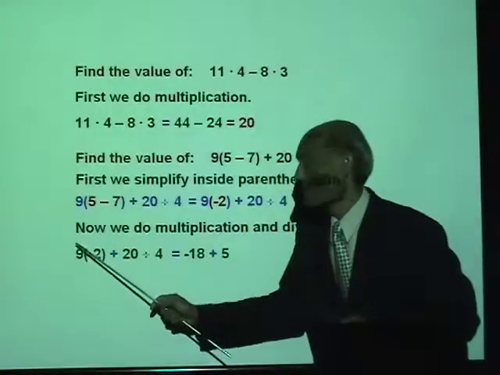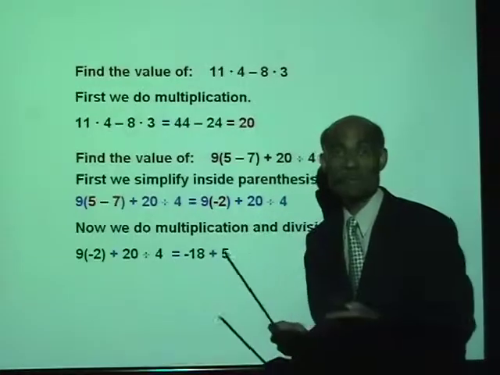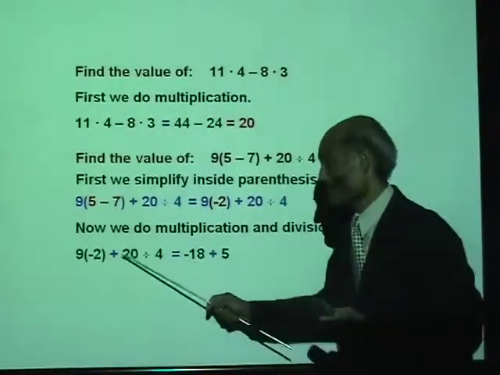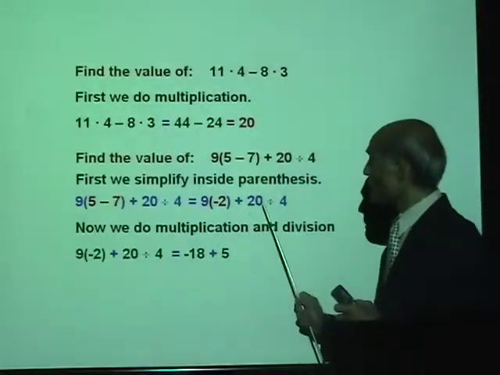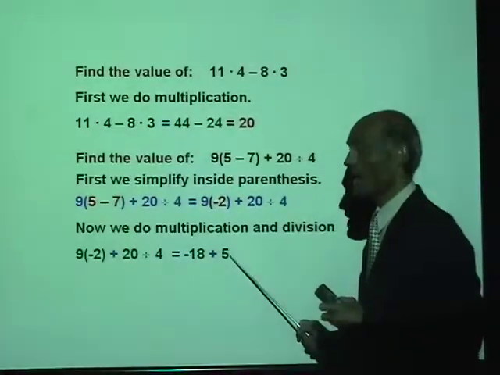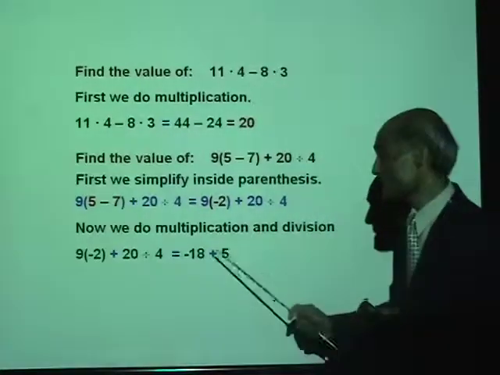What is 9 multiplied by negative 2? It's negative 18 plus 20 divided by 4. 20 divided by 4 is 5. So we have now negative 18 plus 5.